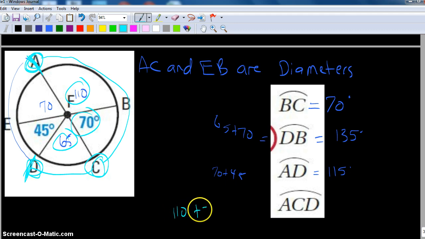And that will give you the answer, which is 245 degrees.